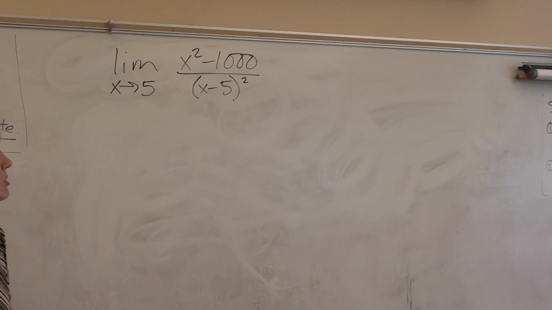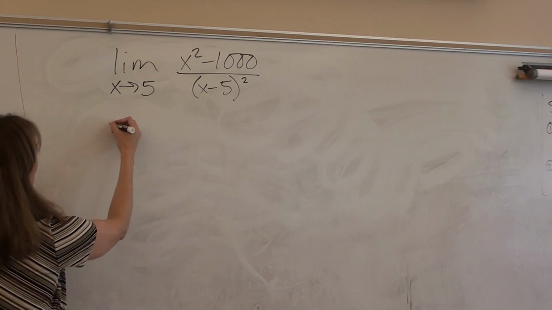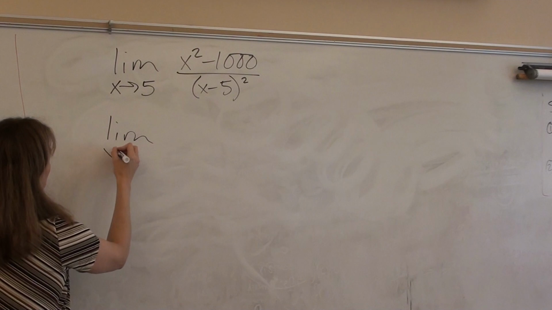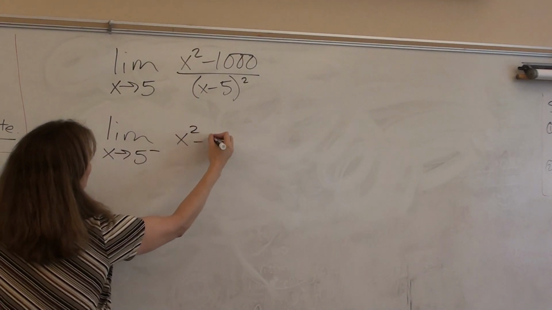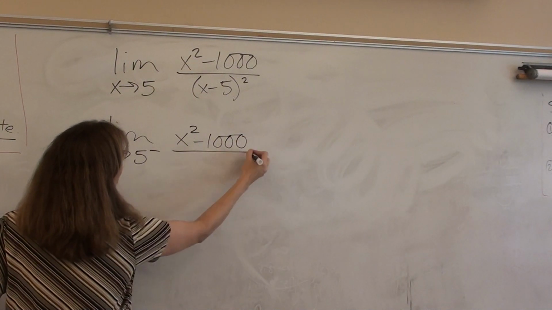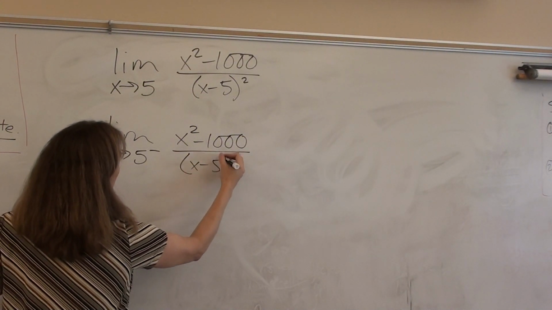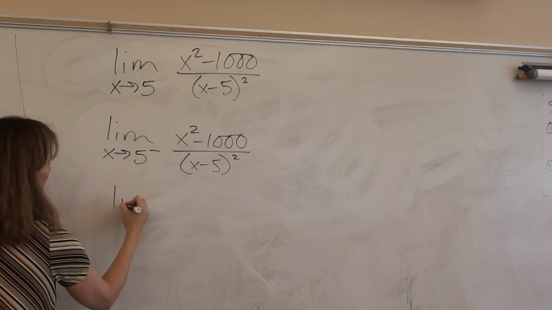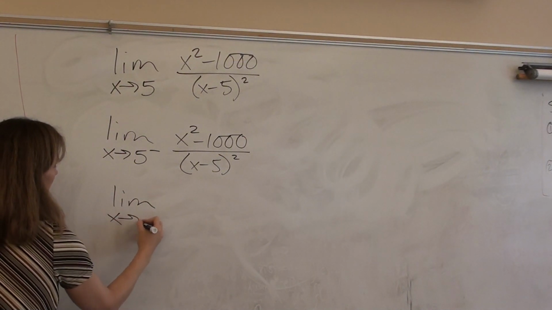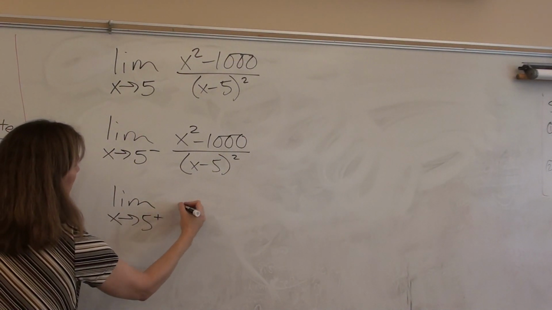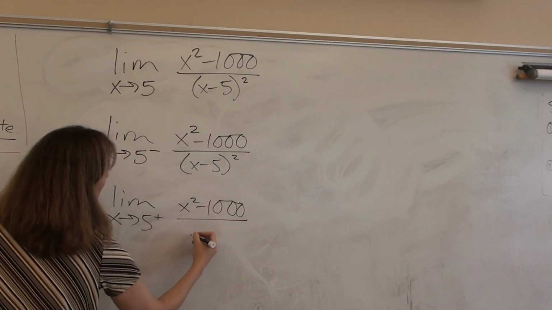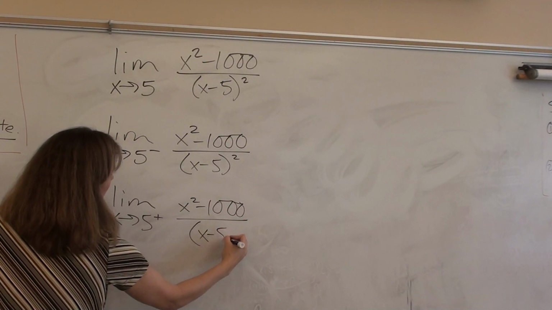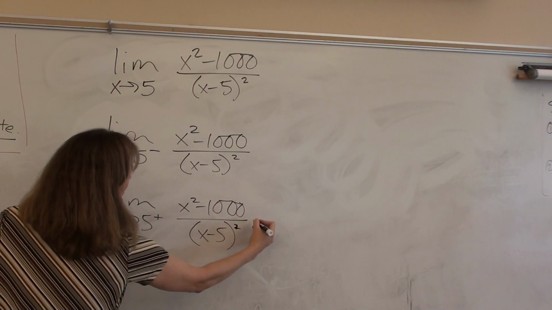Vertical asymptote. As soon as you know you have a vertical asymptote, you are in left and right limit world. So we have to check from the left, and we have to check from the right. Everyone take a second. All you're doing is plugging in and checking the signs. See, don't overcomplicate it. You don't have to find the actual numbers. Take a second.